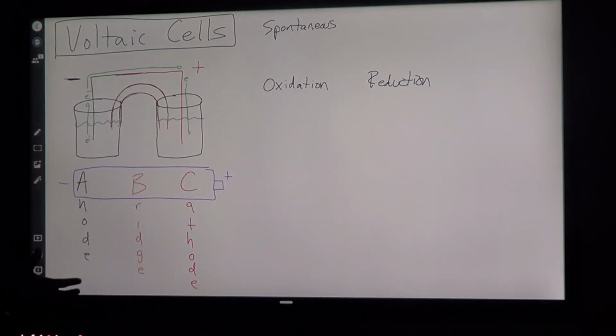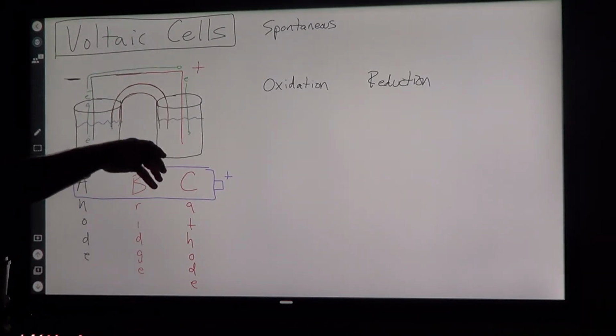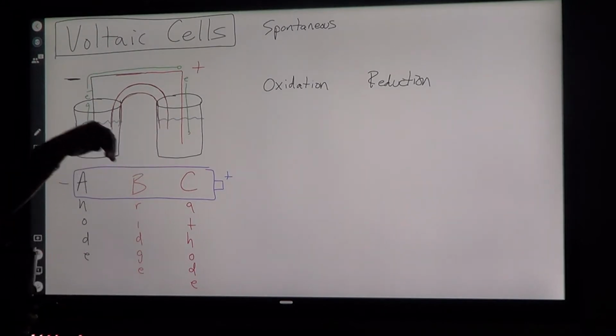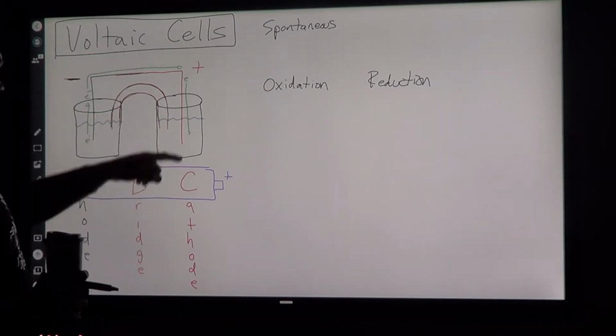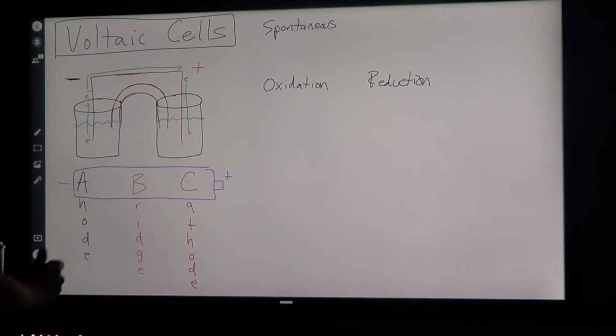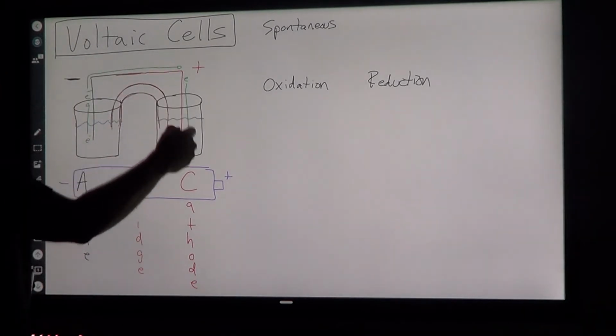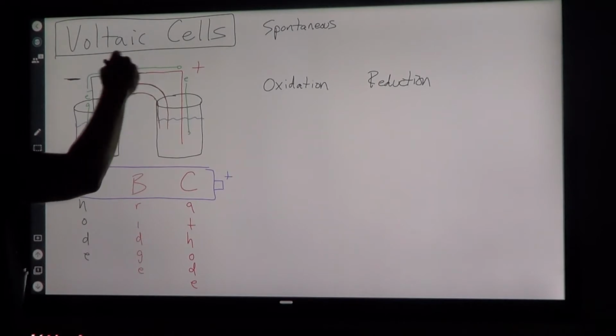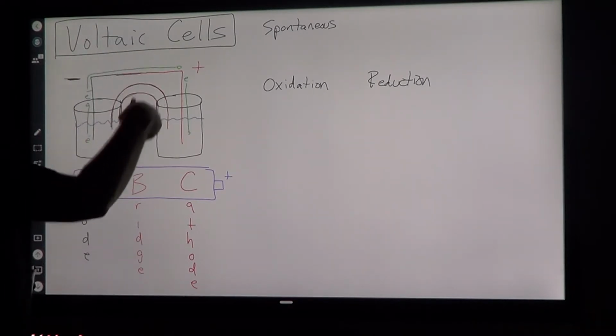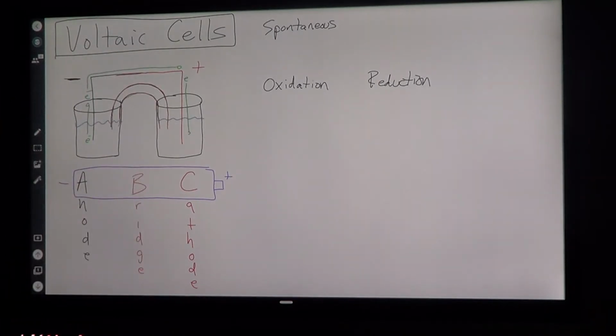So what's happening is one of those two half reactions is taking place at the anode, and the other one has to take place at the cathode. And combined, it is one electrochemical reaction, but because we're making the electrons pass through a wire, we can now use this movement of electrons to generate a voltage for us, and that's how we can use these batteries.